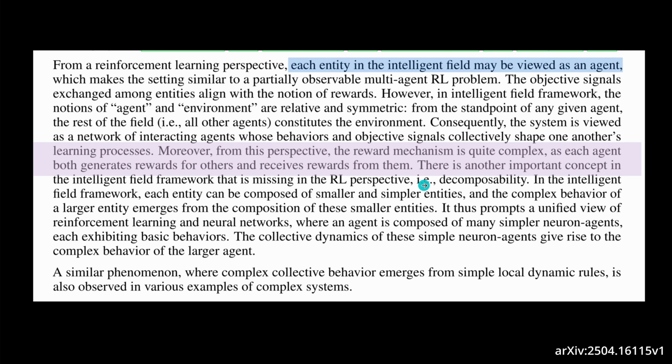And you know, even for the simpler cases. Look, this is what they write about reinforcement learning. And they say now, the reward mechanism is quite complex, as each agent both generates rewards for the other agent in the system and also receives rewards from them. So this is beautiful.